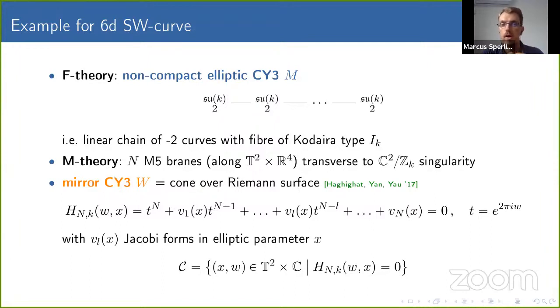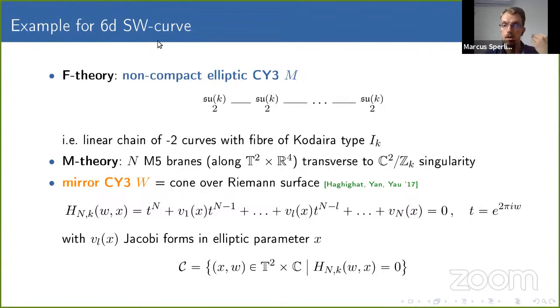Now if we remember how to relate the conventional Seiberg-Witten curve to the geometry of Calabi-Yau spaces, we know that the mirror Calabi-Yau is the cone over a certain Riemann surface, and that Riemann surface is precisely defined by the 6-dimensional version of the Seiberg-Witten curve. So we again have a curve in two variables, but now one of the variables is promoted to be the exponential of that variable.